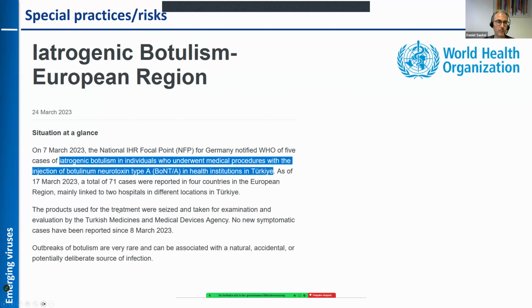So obviously a lot of people from Central Europe were traveling to Turkey to get injections of botulinum neurotoxin, but in quite a few cases, these were contaminated, so that it actually caused severe botulism in these patients once they returned to Central Europe. So this would be a prime example of a very special practice or risk behavior.